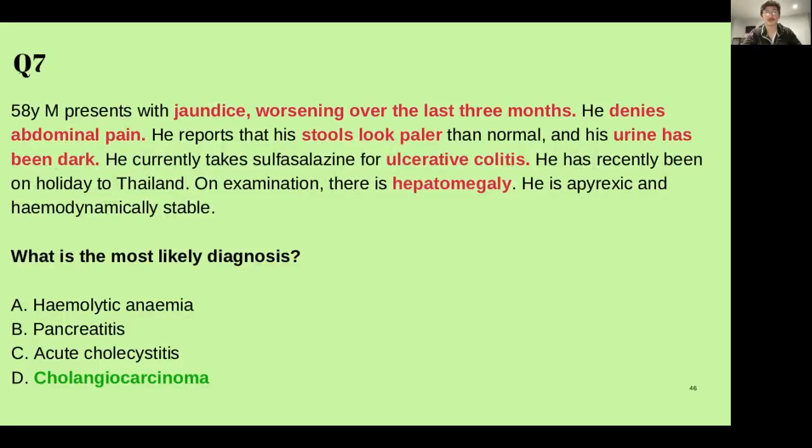He's got features of obstructive jaundice, so pale stools. He's got hepatomegaly, and he's got ulcerative colitis. So I think the Thailand thing was probably a bit of a red herring, but ulcerative colitis is associated with PSC, primary sclerosing cholangitis, and PSC is associated with cholangiocarcinoma.